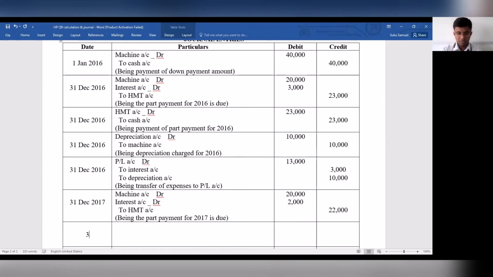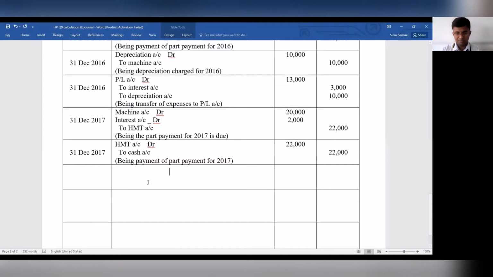Okay, so next we will have 31st December 2017, HMT account debited 22,000 to cash account 22,000, being payment of part payment for 2017.